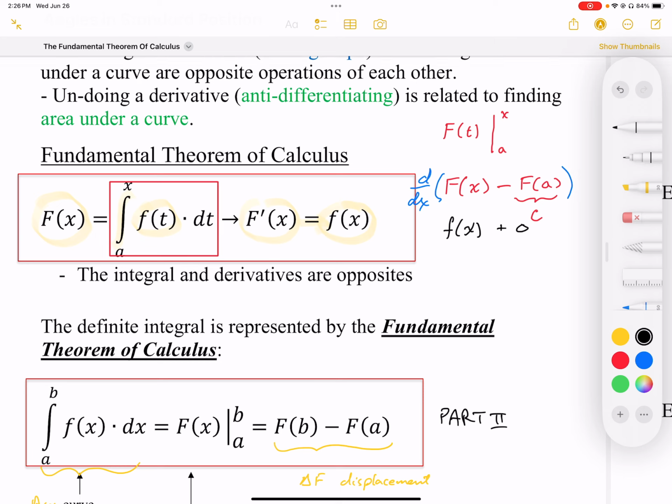So if I undo my integral, I'm going to get back to my original f of x. So that's kind of an informal way of connecting the two, part one and part two, together. Now, we can take a deeper look at this in another video, looking more formally at the two parts of the fundamental theorem of calculus.